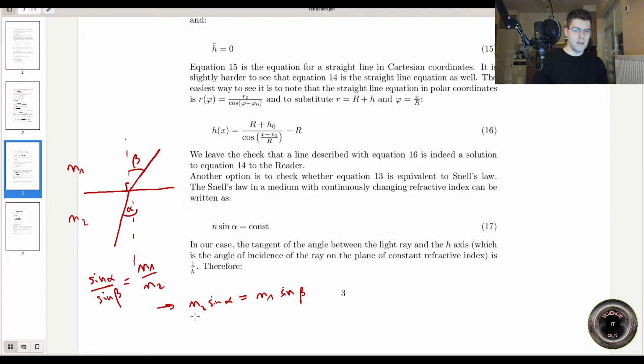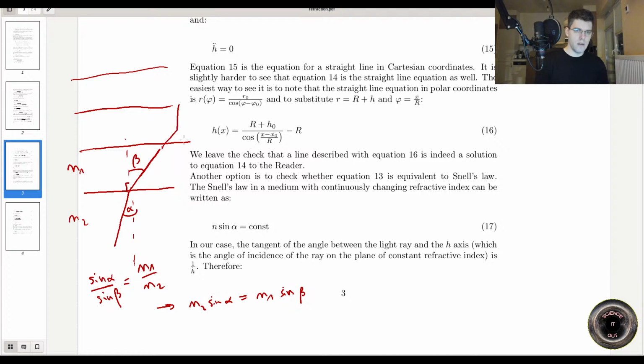Now we can see that on both sides we have only numbers that relate to the same medium. For one layer we have numbers on the left side, for the second layer on the right side. So we can also write it if there were multiple such layers.